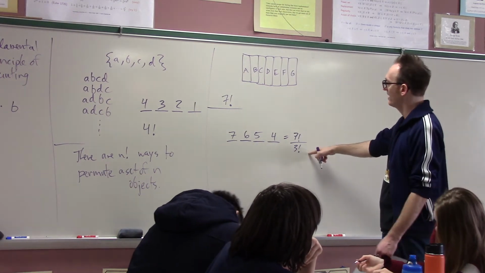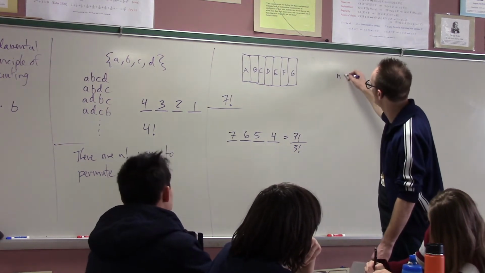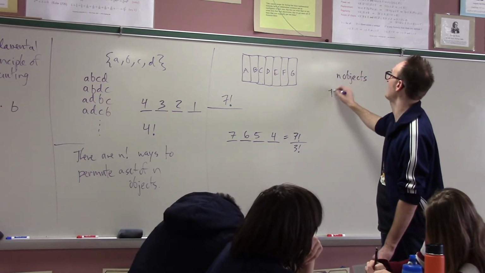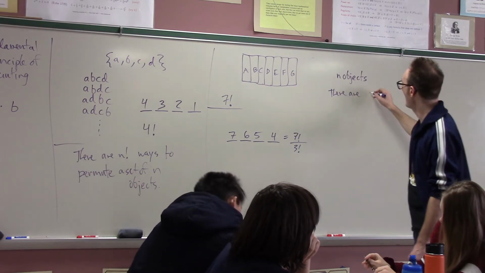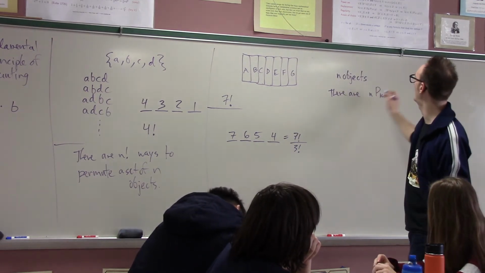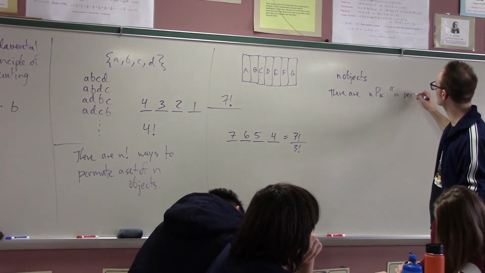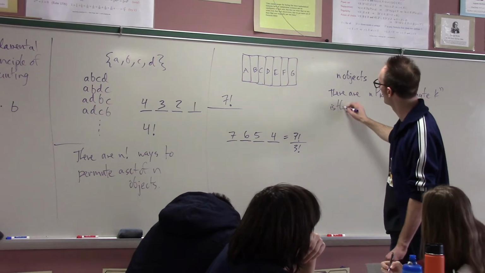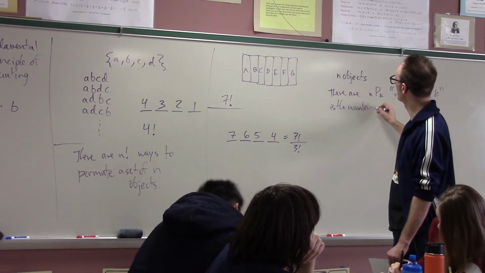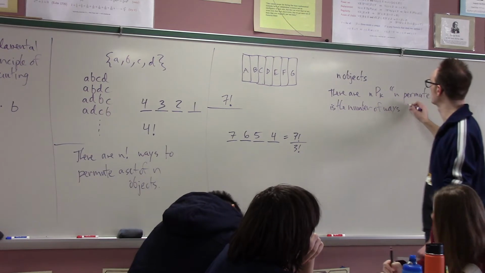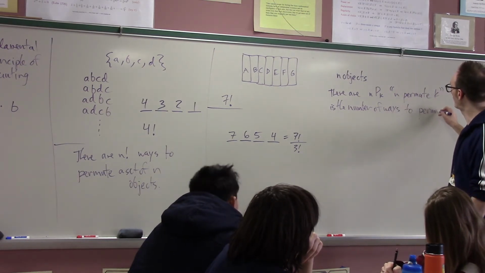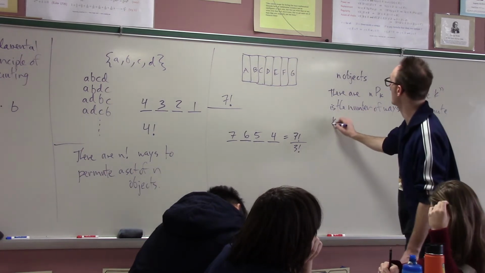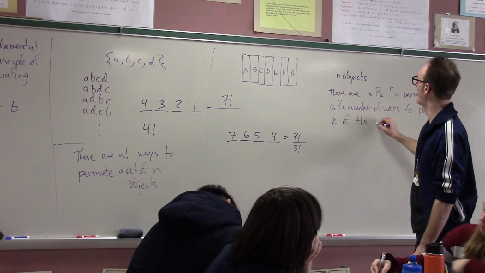This idea can be sort of more generalized. Suppose I have n objects, then we say that there are nPk, pronounced n permute k, the number of ways to permute, in other words, to put in some kind of order, k of the n objects.